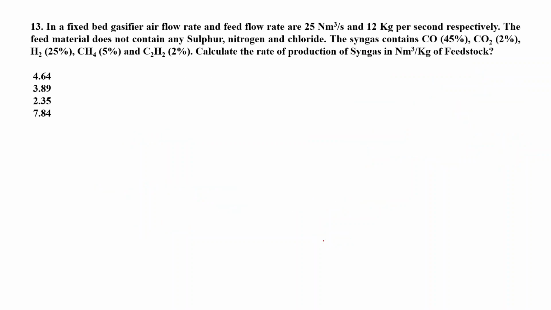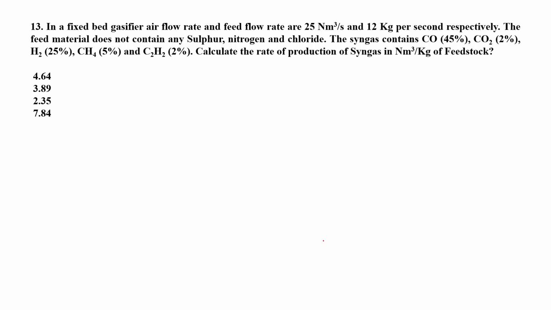Coming on to the next question. In a fixed bed gasifier, air flow rate and feed flow rate are 25 normal meter cube per second and 12 kg per second respectively. The feed material does not contain any sulfur, nitrogen and chloride.